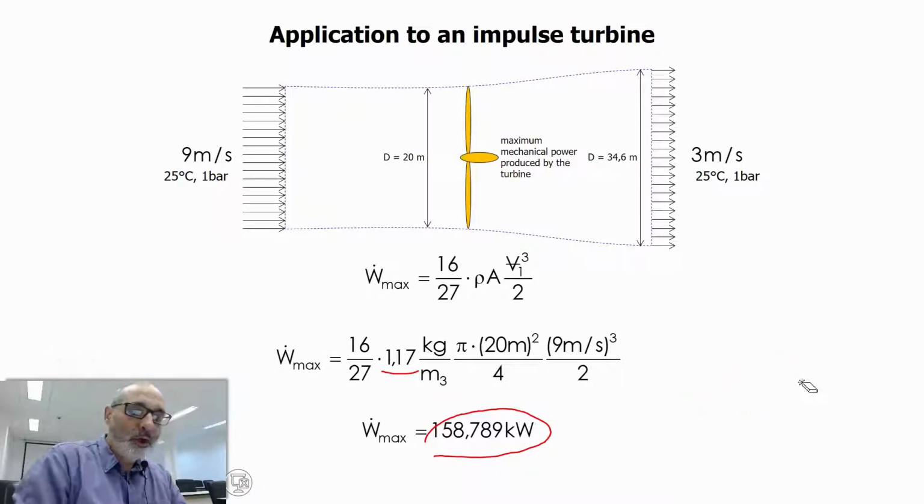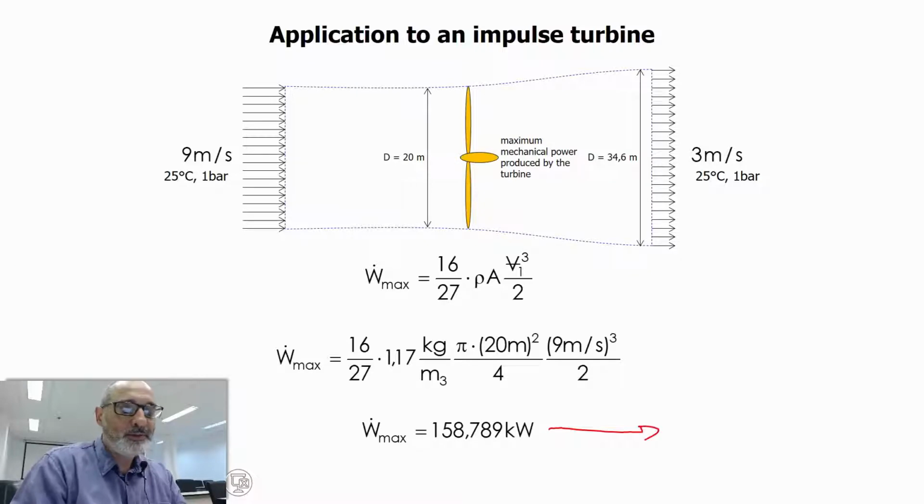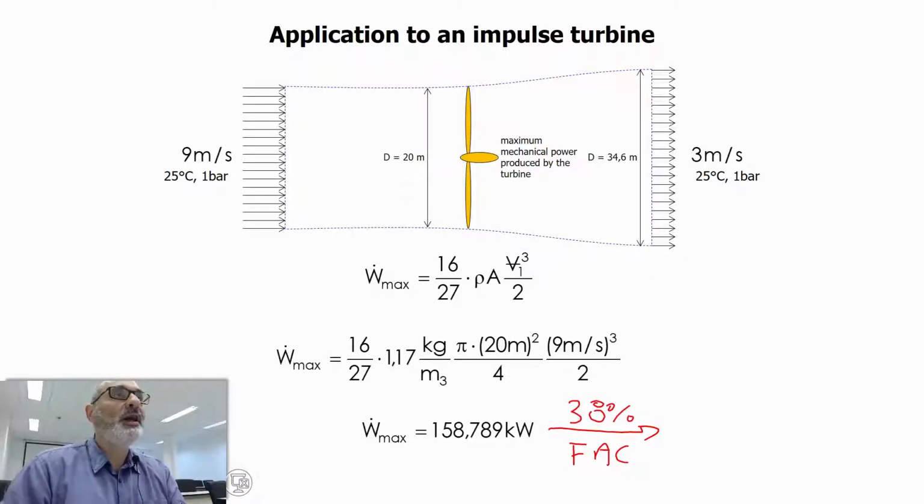You also remember this is the maximum. You should multiply this by the capacity factor, which, here in Brazil, is 38% on average. So you're going to get a smaller number. The number that you obtain here, just to start using the terms that we use here in Brazil, the Brazilian jargon, is what we call physical power.